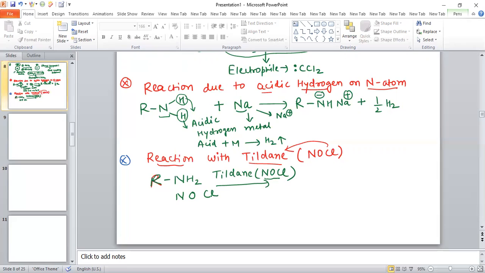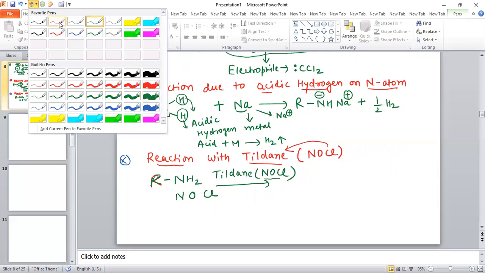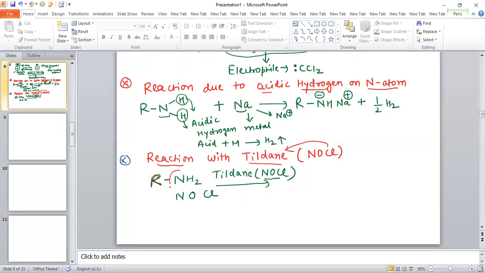See how the products are formed. Now split the product. This N2 gas will be released, and water will also be removed.